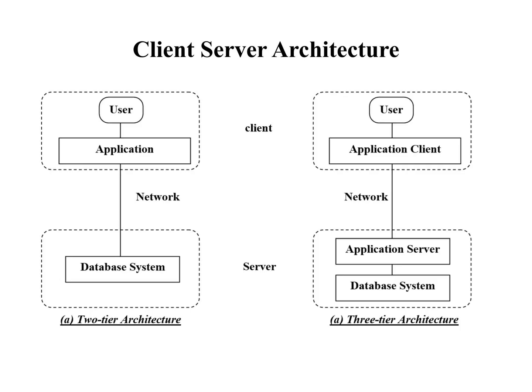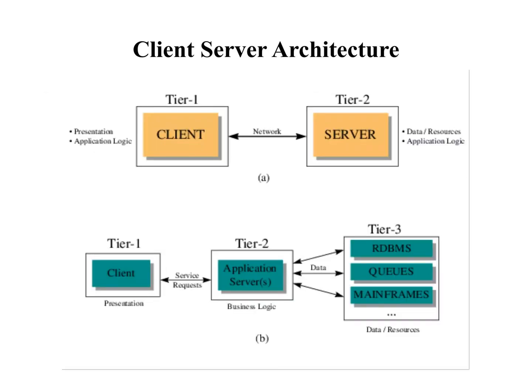This is the three-tier architecture. In this architecture we see two communicating parties, client and server. If the client sends data to the server, the server takes the data, processes it, and returns it back to the client. This is the A architecture.